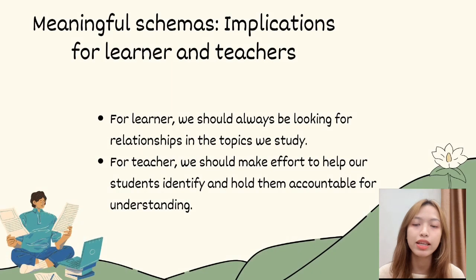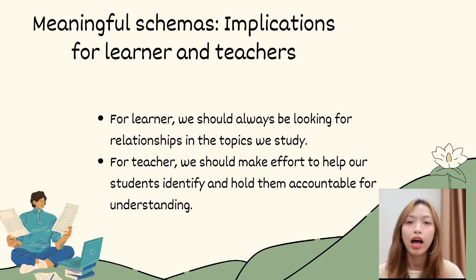So the next point is meaningful schema: implications for learner and teacher. Learners should always be looking for relationships in the topic they study. Although we need to know the definitions of concepts, simply memorizing definitions or other review items of information is not an effective study strategy.